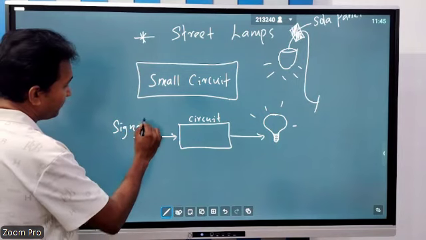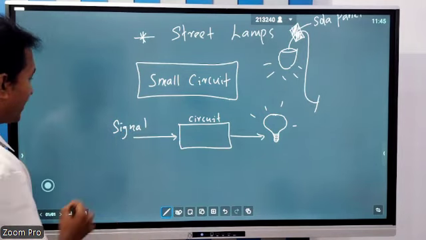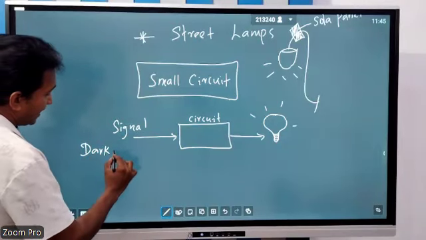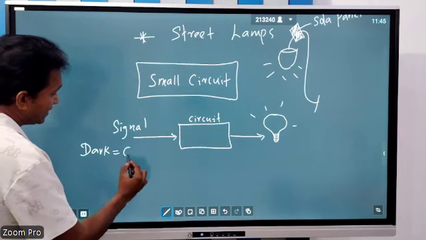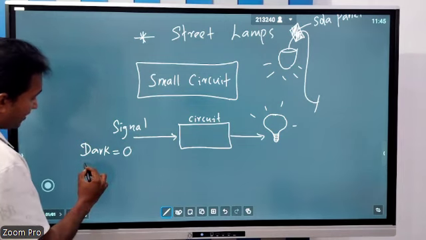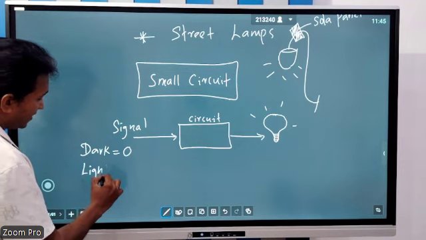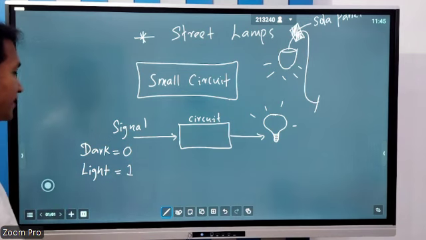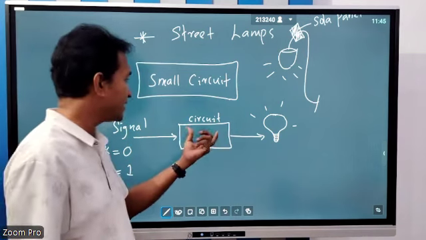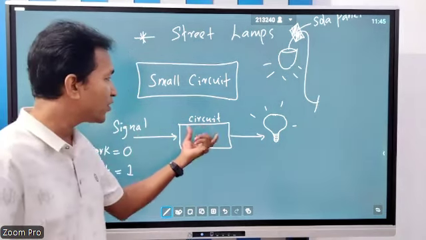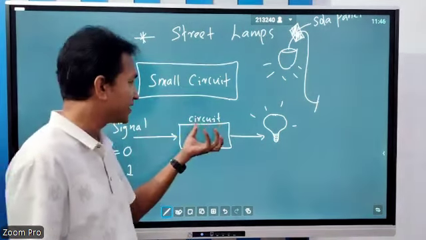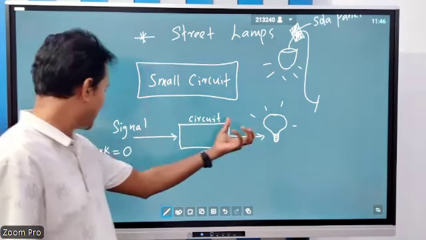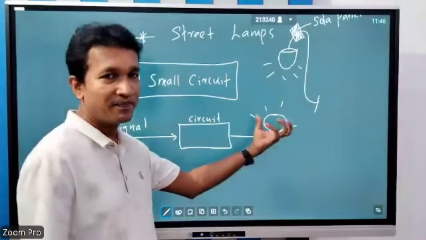A signal comes, right? So when the dark is there, it will give the signal 0. Right? When light is there, the signal we say is 1. Right? When this signal 0 comes, the circuit knows that it should light the bulb.